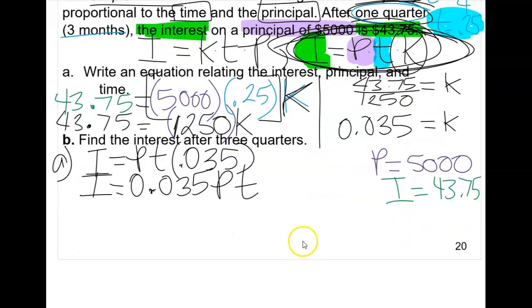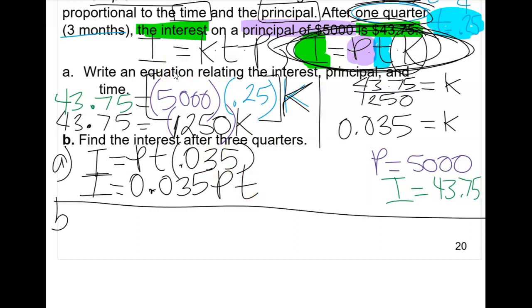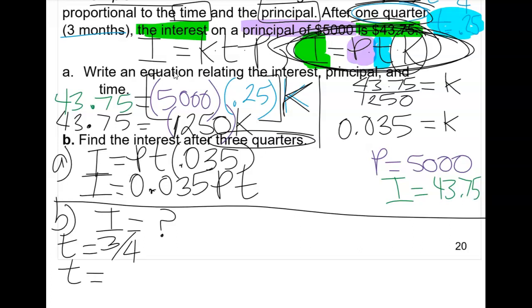For part B, it says find the interest after 3 quarters. So now the question for part B is, what is the interest after 3 quarters? That's our question. So now we want our time to be 3 quarters, 3/4, or as a decimal, 0.75.